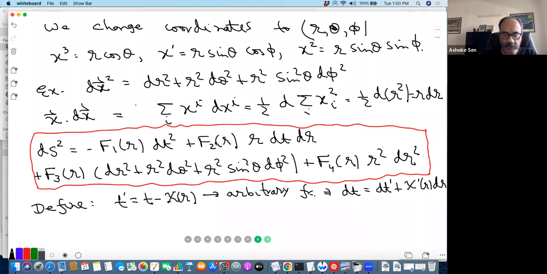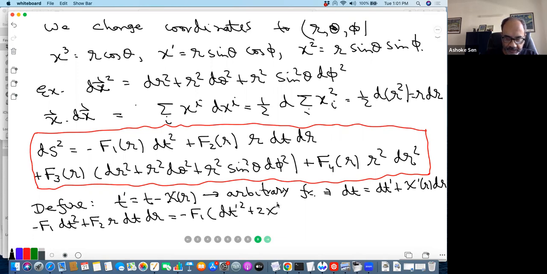Then the first two terms, the ones with dt, minus f1 dt squared plus f2 of r dt dr, take the form minus f1 times dt prime squared plus 2 chi prime dt prime dr plus chi prime squared dr squared, plus f2 of r times dt prime plus chi prime dr, times dr.